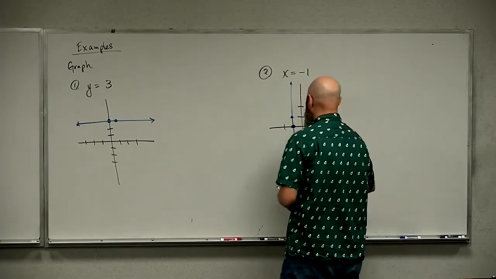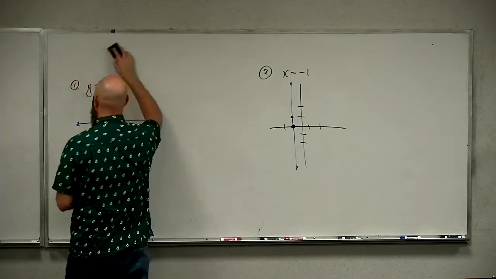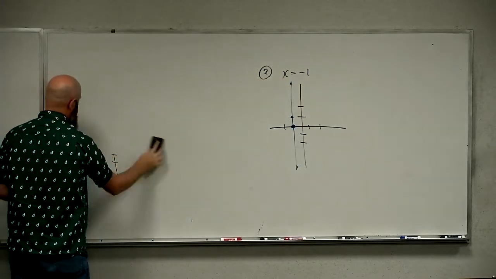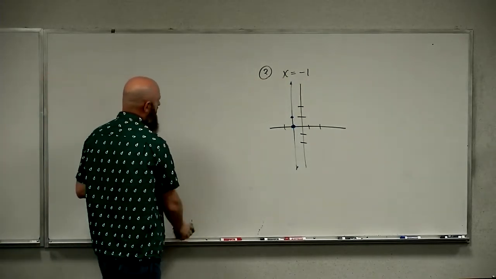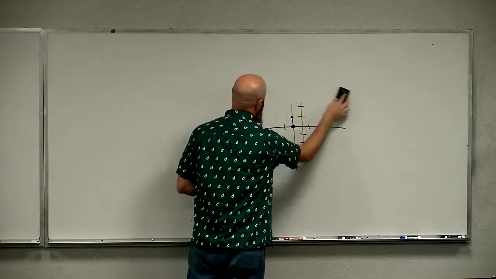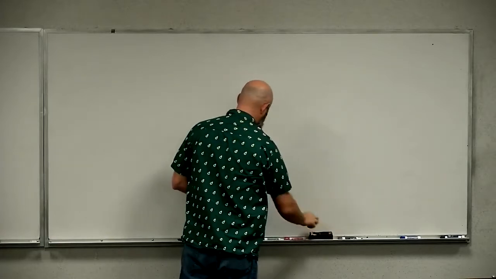All right, last thing that we need to look at here, though, is a couple more pieces of information, because we did talk about some definitions called parallel and perpendicular. So let's look at those.